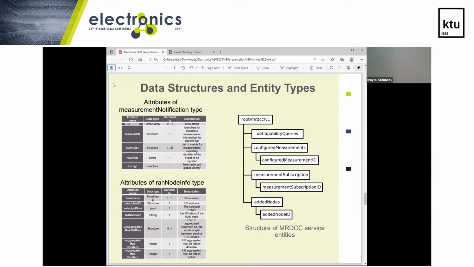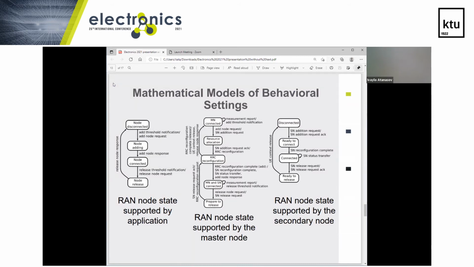Okay. So the application development that uses the service interfaces requires modeling of the device connectivity state. So this model must be harmonized with the device connectivity model maintained by the network.